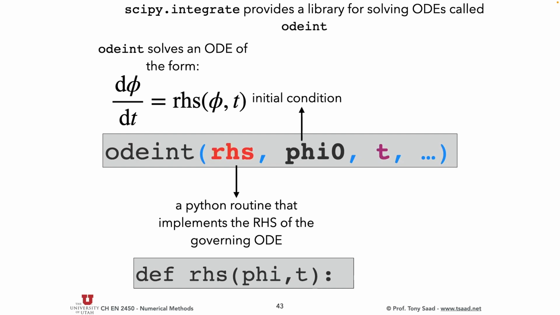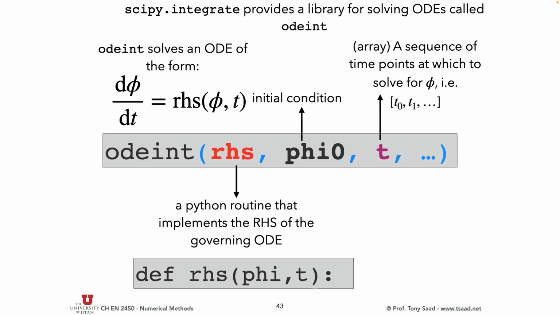The second argument for odeint is your initial condition. In the case of the lobster, that's going to be the initial temperature. The third argument, t, is an array of time points at which you want to solve the ODE. Remember that line where I divided it into some intervals? You could divide it into 100 intervals, or 200.